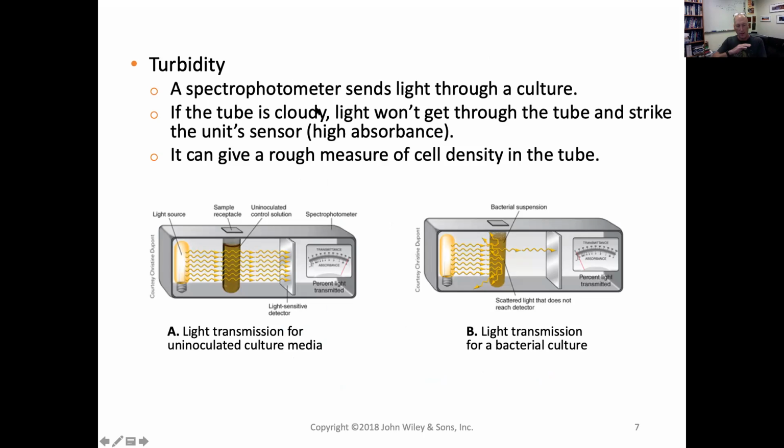When the spectrophotometer passes a light beam through a liquid sample, the more bacteria there are, the more the light will be scattered and the less of it will make it through to the detector. So that is a way of looking at either absorbance of the sample or, with particulates where it's not really absorbing, it's scattering light. We refer to that as the optical density, which is usually abbreviated OD.